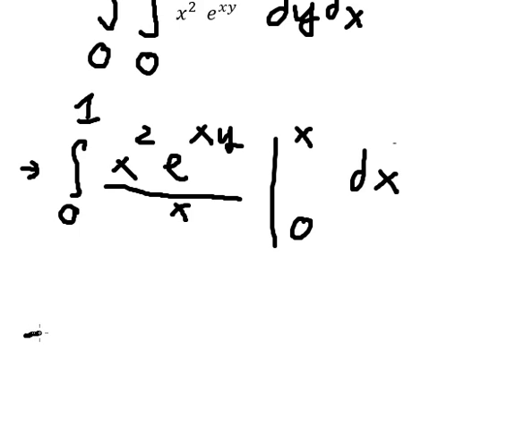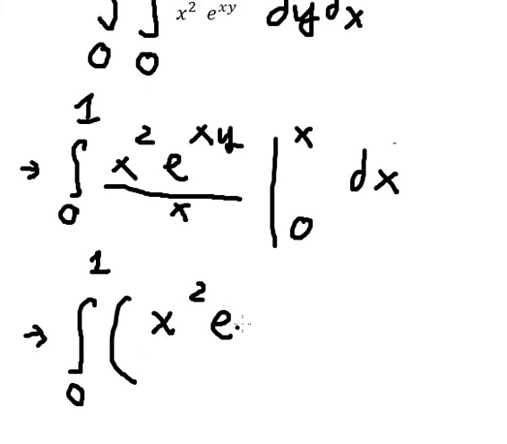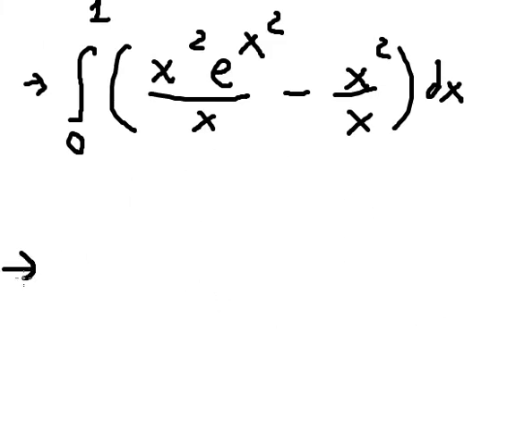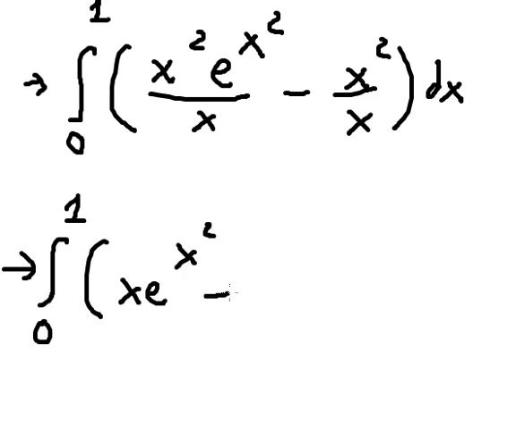So this one we have like this. E to the power of 0, we have 1. This one we have x e to the power of x squared. This one we have negative x.